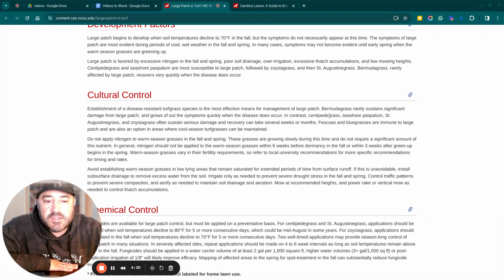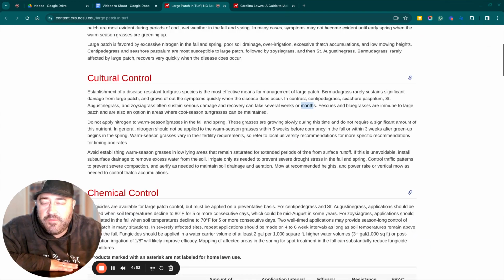In contrast, centipede, St. Augustine, and zoysia often sustain serious damage, and recovery can take several weeks or months. So in the spring, if you have large patch damage, it can take months to come out of dormancy and fill back in. If you do have large patch, do not apply nitrogen to those warm season grasses in the fall or in the spring.